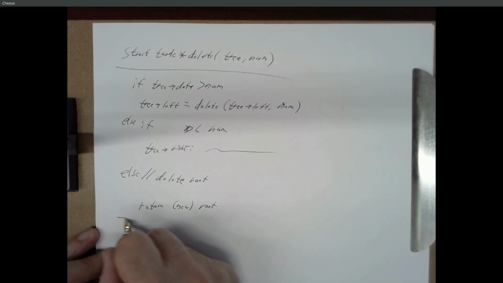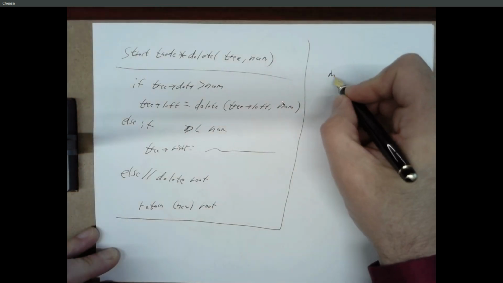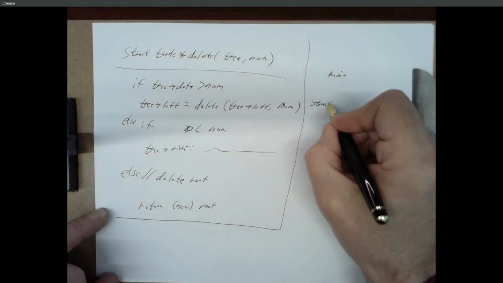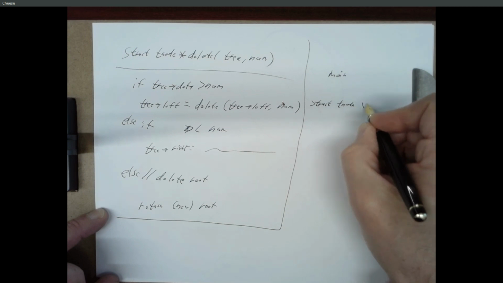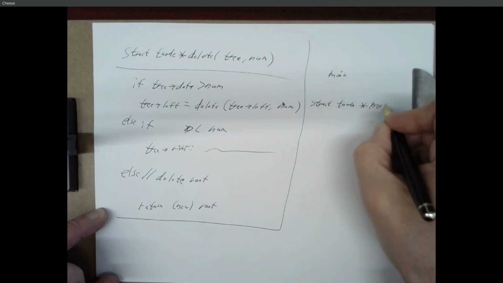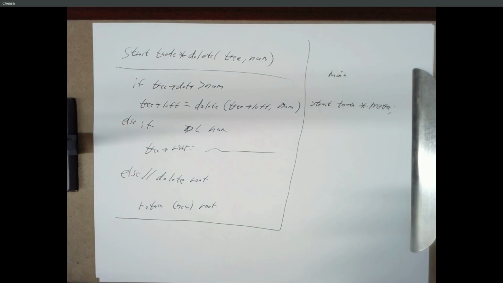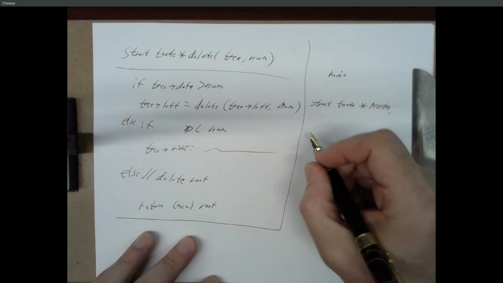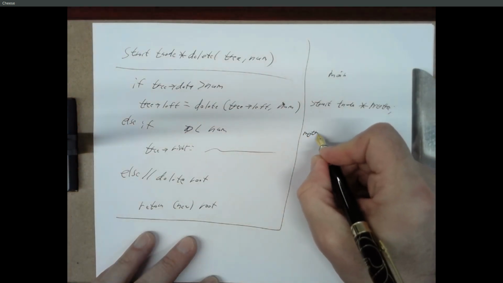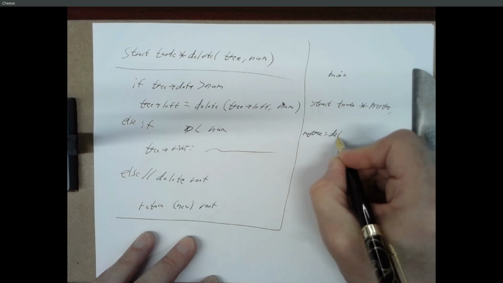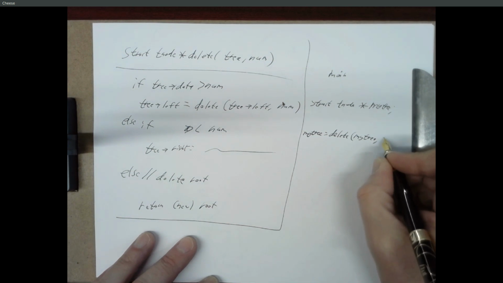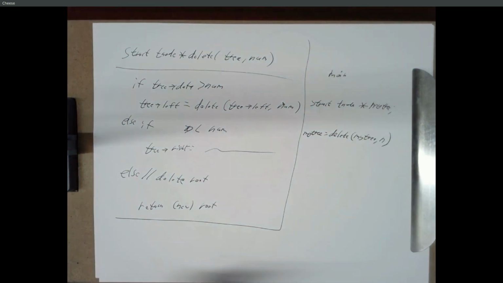So in your main program, you've got struct t node, my tree. And that's the thing that you're adding to, you're deleting from, you're searching from, and so on and so forth. If the user says d number, I'm going to do a call like this, my tree equals delete my tree, comma, whatever the number is that I got from scanf.